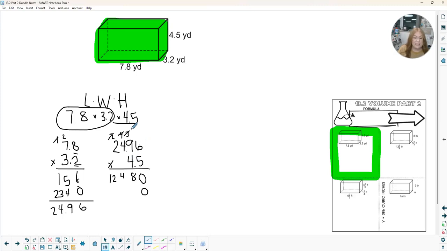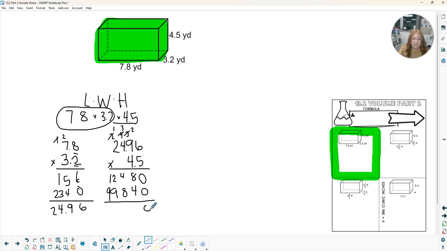4 times 6 is 24. 4 times 9 is 36, 37, 38. 4 times 4 is 16, plus 3 is 19. 4 times 2 is 8, plus 1 is 9. So now we're going to add these up.